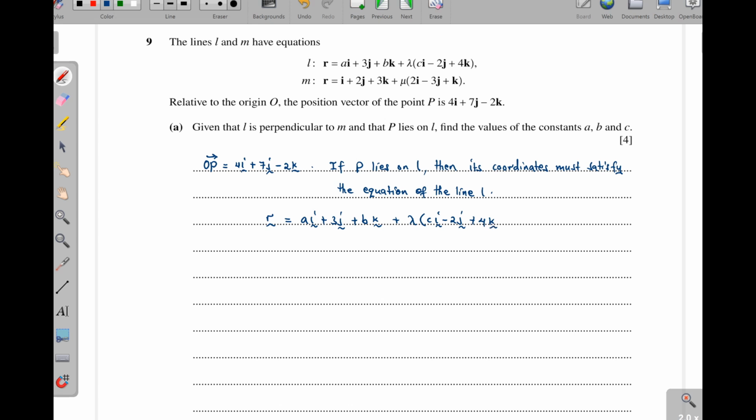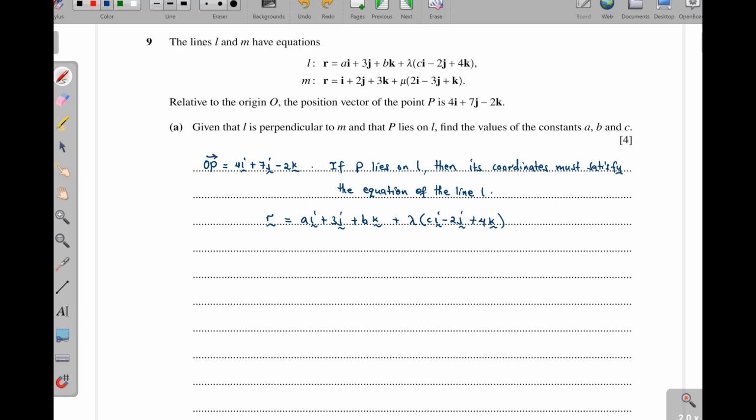I'm writing these i, j, and k with wavy lines because we cannot write them bold, it will look weird, so we always put the wavy lines under them.